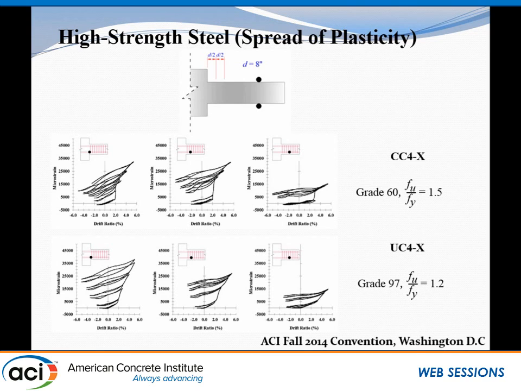And also, the influence of spread of plasticity on the deformation capacity is not clear from this research, because most of the specimens reinforced with high strength steel have comparable deformation capacity to the control specimen. So it's not clear that spread of plasticity has anything to do with the deformation capacity.